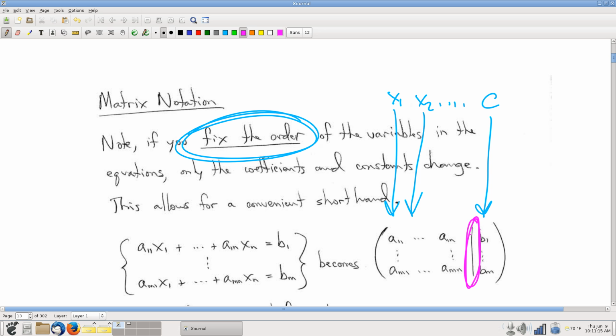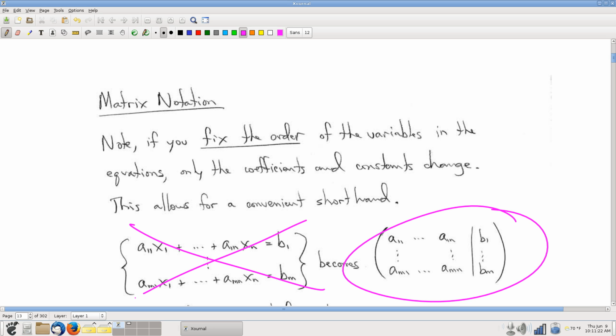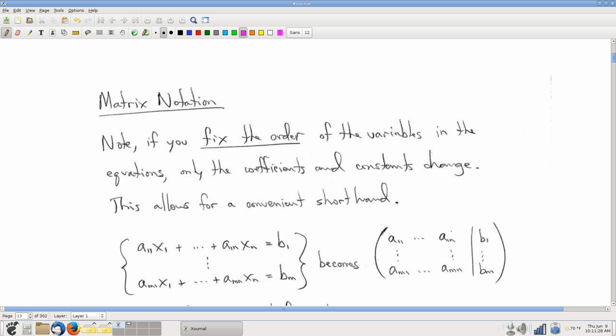But once you've fixed those choices, you only have to write down that instead of that. Now, it's just going to save you a little bit of pencil lead or ink, time if you're writing on a tablet, but it is convenient. Now, it's going to turn out that there are much better reasons than convenience to make this shorthand. But at the moment, I'm just going to sell it as convenient.